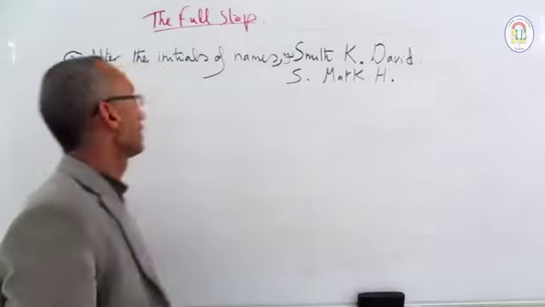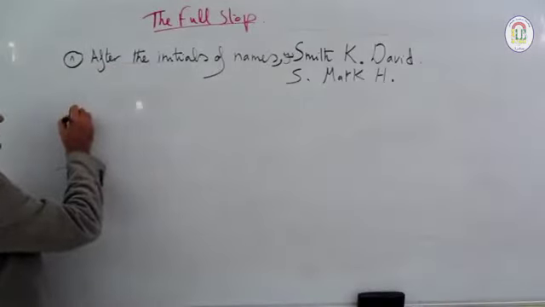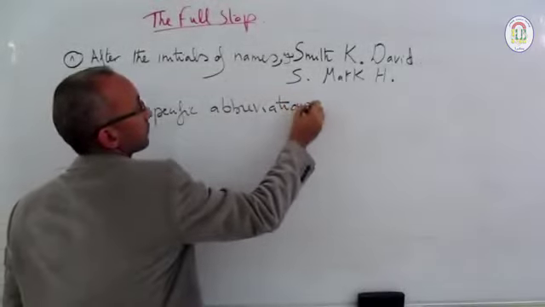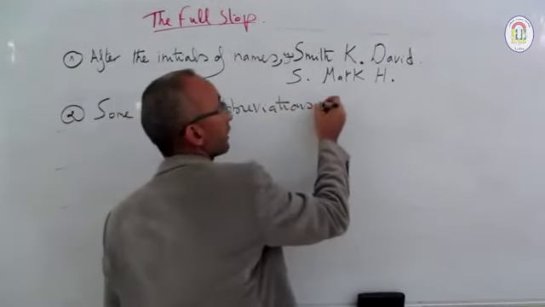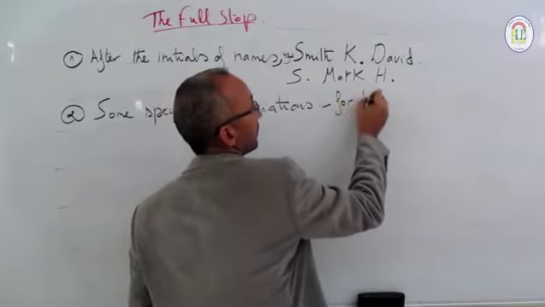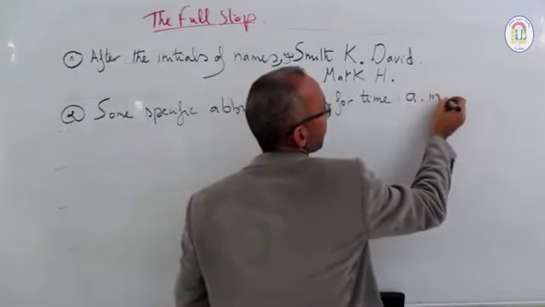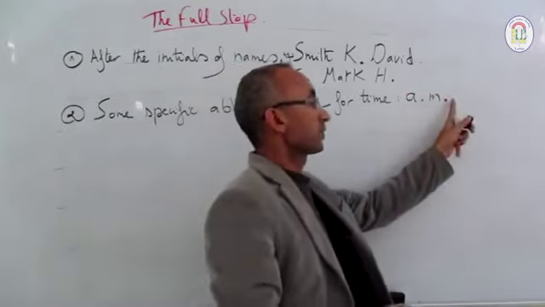Also we have the second case, which concerns certain abbreviations, some specific abbreviations, especially for time, like A.M. Now here, if you want to continue, you must put a comma and continue.